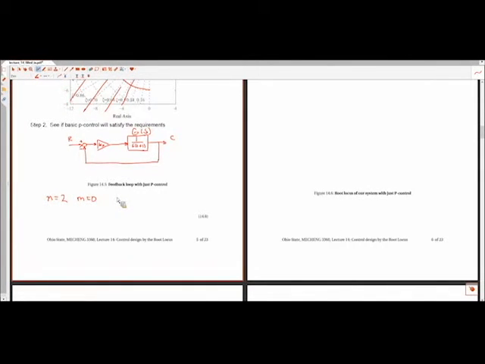Going back to what we've gone through the last few weeks about the relationship between the difference between the number of poles and zeros, we know that a zero will attract a branch of the root locus. There are no zeros in this problem, so that means the 2 branches of the root locus will go off to infinity. And we also know from previous lectures that the asymptotes of these will be at plus and minus 90 degrees.